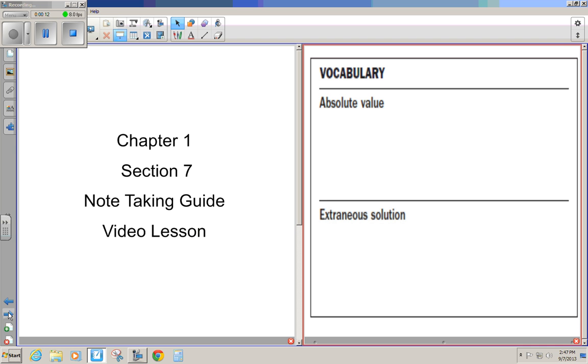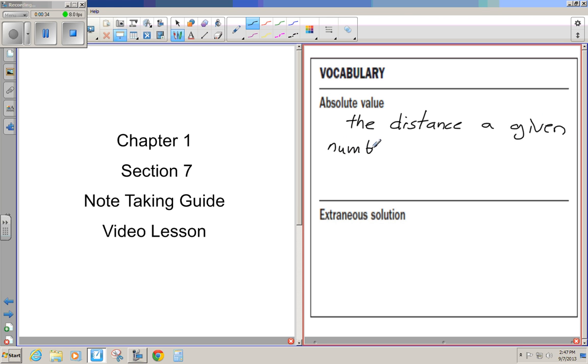So the definition for absolute value is the distance a given number is from 0.